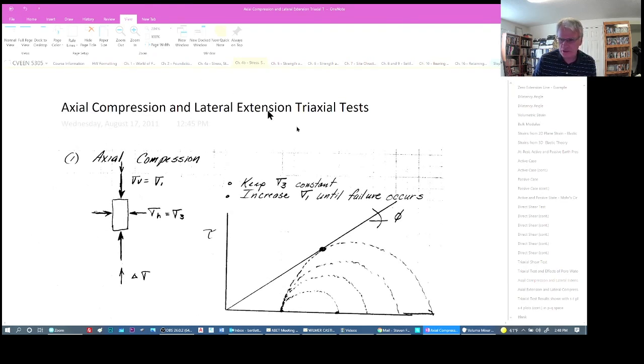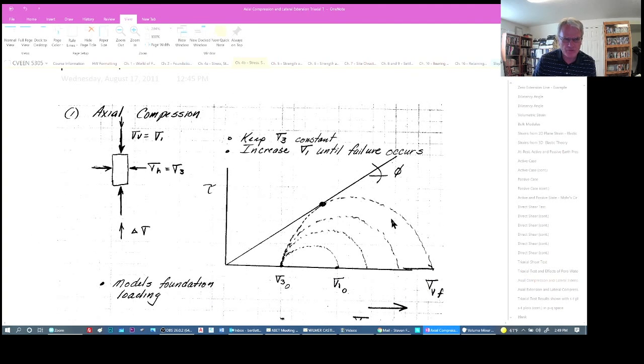So lastly, let's look at the ways we can come to failure in the triaxial device. The first one is axial compression. We start with an initial state where sigma 1 is equal to sigma 3. We apply an axial stress and consolidate to this state here. And then we continue to increase the deviatoric stress in compression in the axial direction, which means the vertical direction, until we bring it to failure.